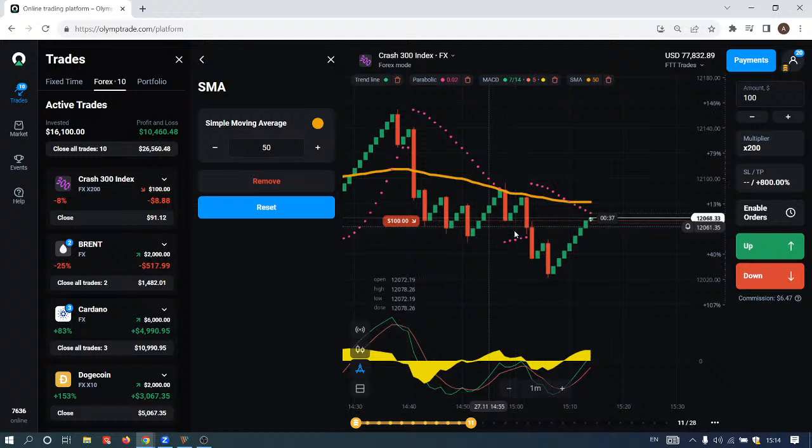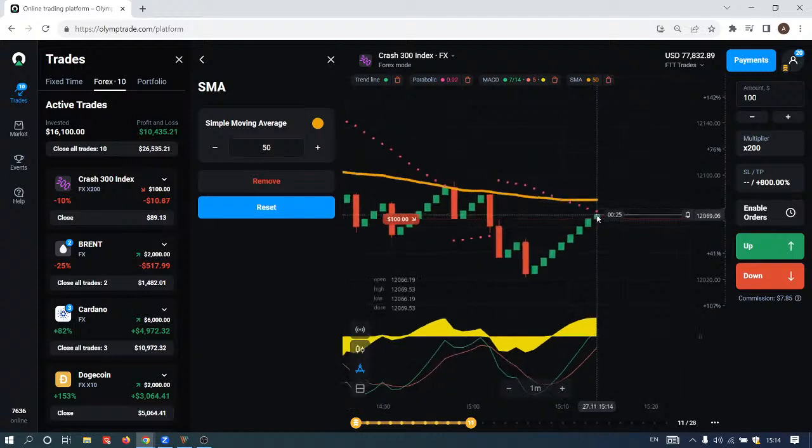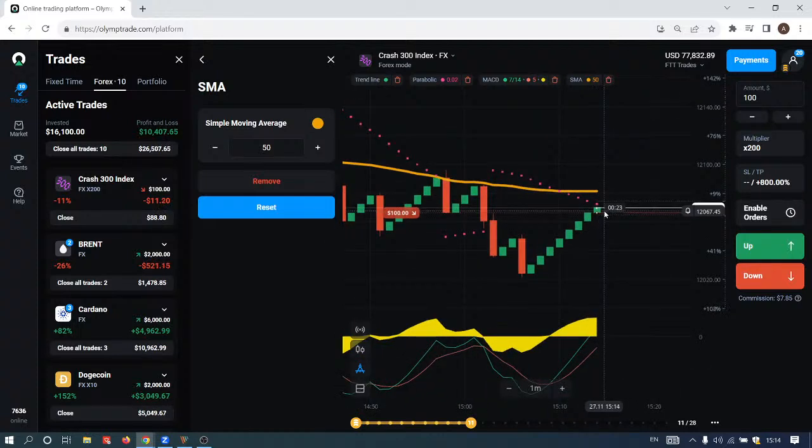And usually you don't have too many green candlesticks in a row. So we have 1, 2, 3, 4, 5, 6, 7, 8. It's the 8th one in a row already, so I can expect that there will be a drop soon. That's my crash strategy, how I call it.